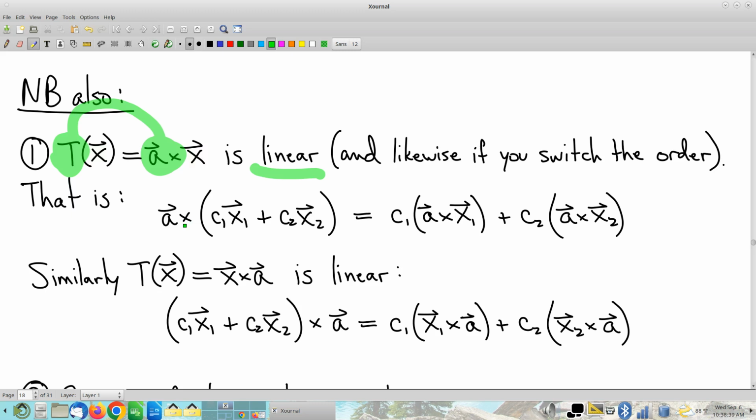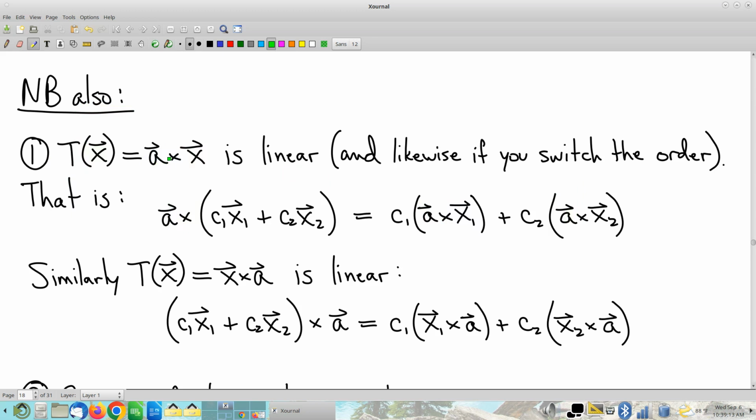And just keep in mind, cross product with A is what T is. And so notice this equation that I have up here directly says that when you put a linear combination into T, you get the same linear combination out of T. And by the way, it works on both sides.